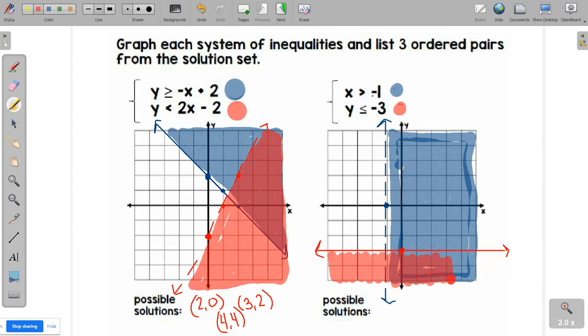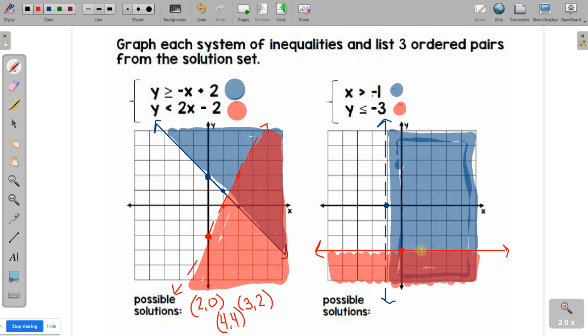So our solution here is going to be this darker region and any point that's on a solid line of that shaded region. So right through here is not a solution, but through here is, and the shaded area. So some possible solutions.